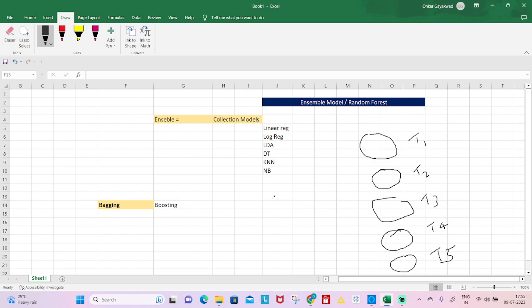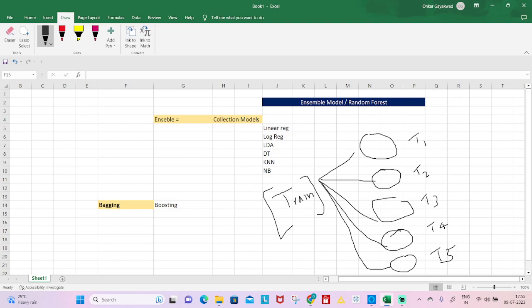I have a train data, right? Now, if I feed all of the train data to each decision tree, will I get a different outcome from these trees? No, right? They will give me the same set of output.